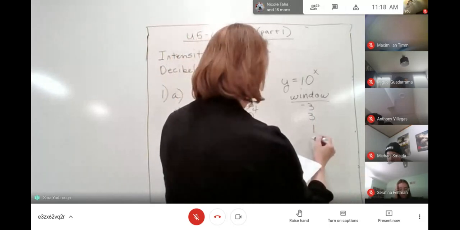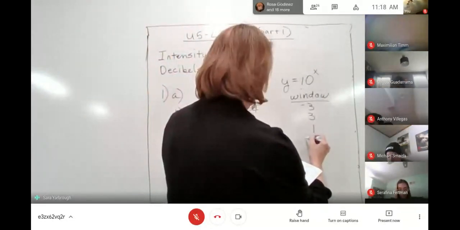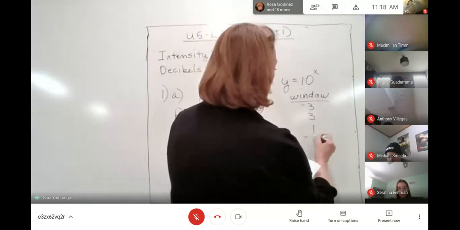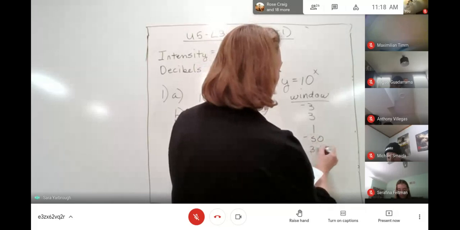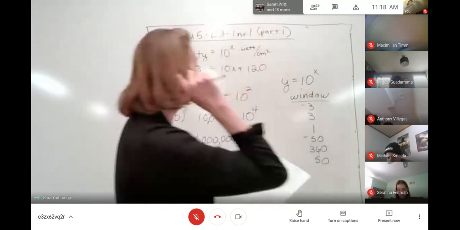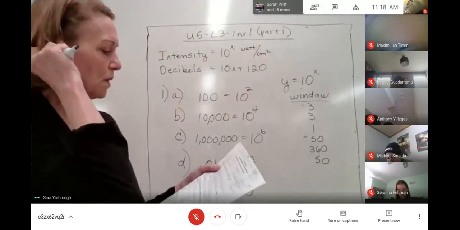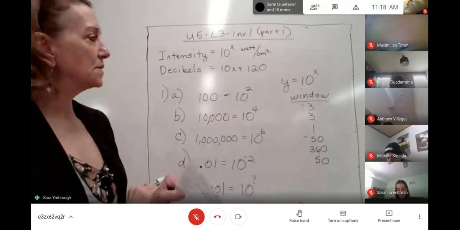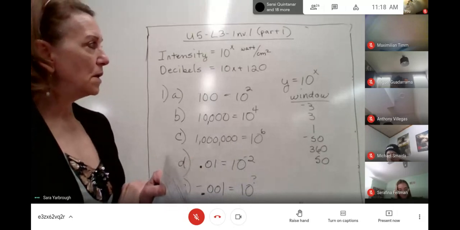And then we'll go from -50 to 360 and go up by 50. Oh, I said 360 instead of 360. Oh, well, that's all right. So let that be your window.